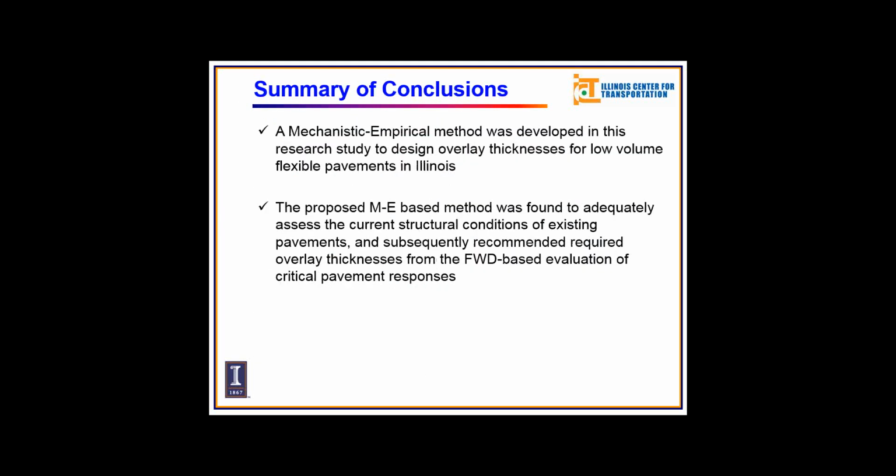In the end, we developed a mechanistic-empirical method to design overlay thickness for low volume flexible pavements in Illinois, and this proposed method was found to adequately address the current structural conditions of the existing pavements.